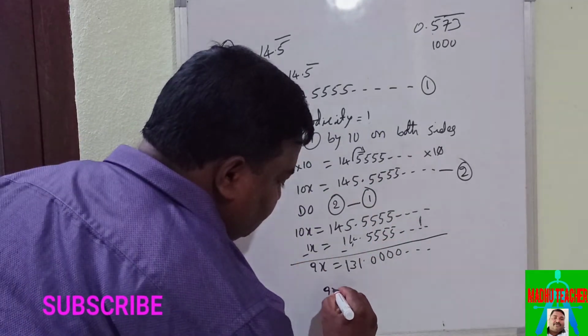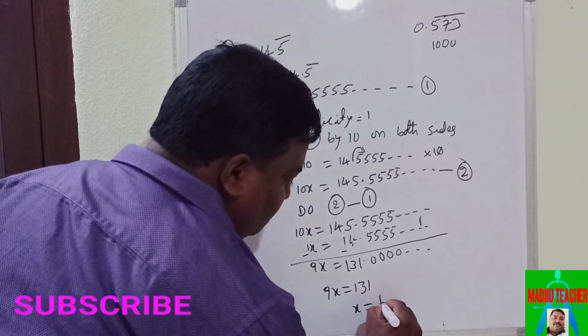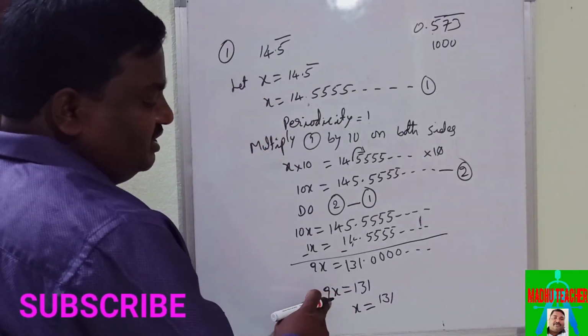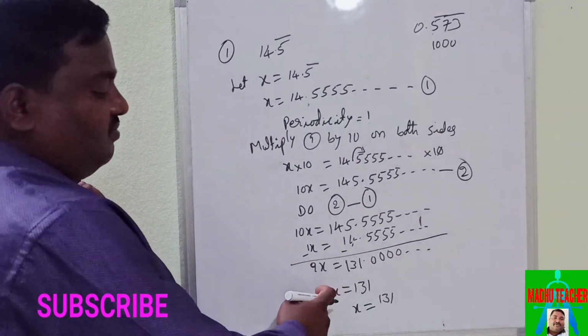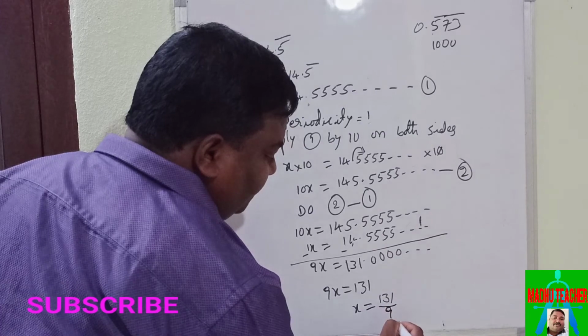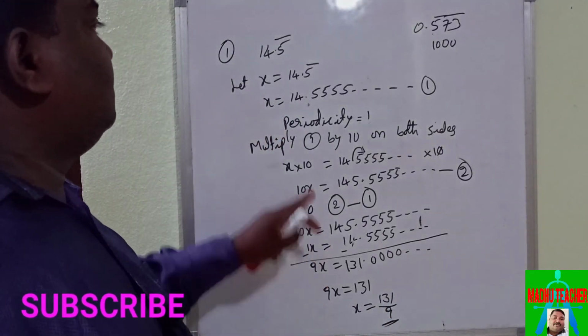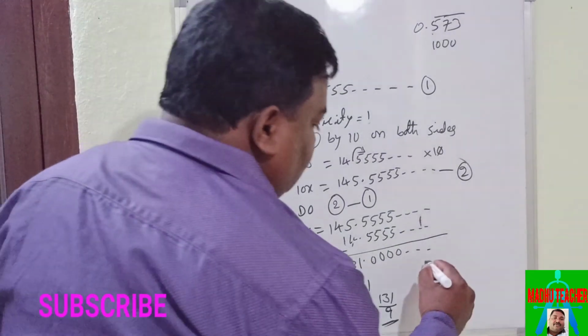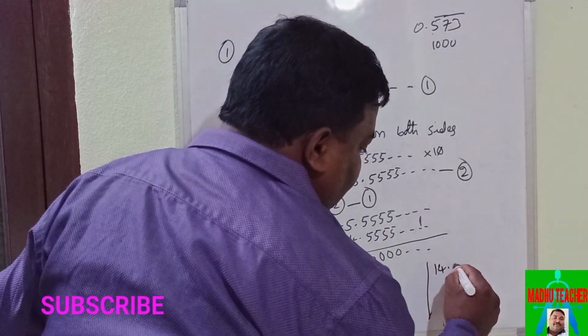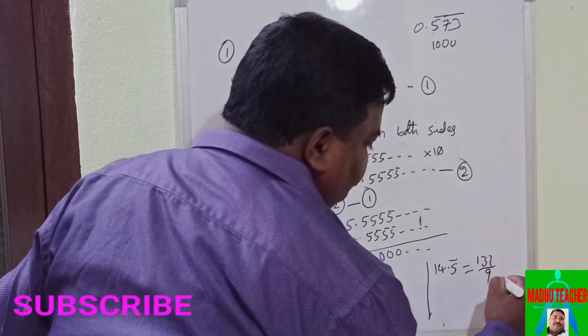So 9x equals 131. Here 9 is multiplying x, so by transposing to the right side it becomes division. So x equals 131 by 9. What is x? 14.5 bar. Therefore 14.5 bar equals 131 by 9.